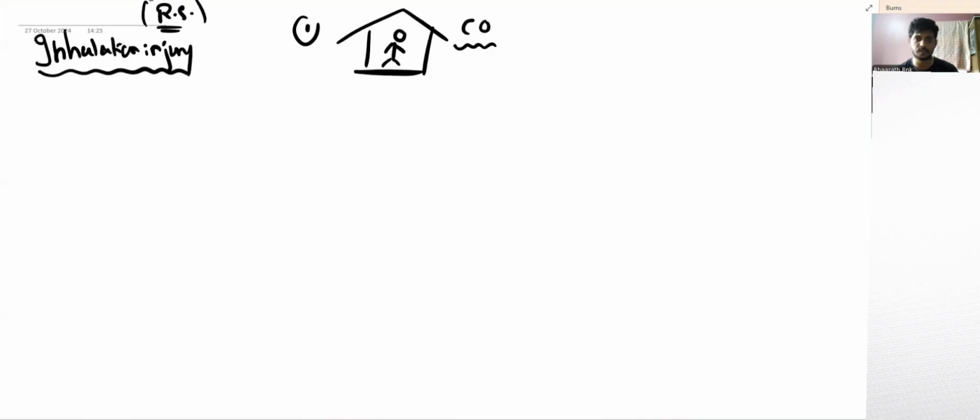Or, since a lot of synthetic materials are used nowadays, it can also be hydrogen cyanide poisoning. When this carbon monoxide or hydrogen cyanide enters, they produce what is called metabolic poisoning. So you suspect it when there is a history of trapping in a closed space.